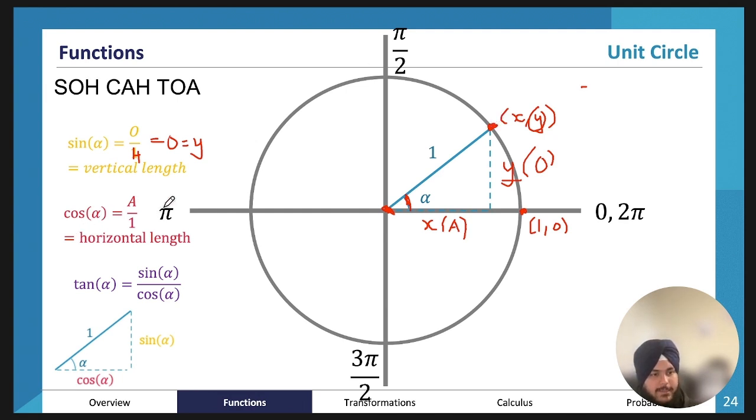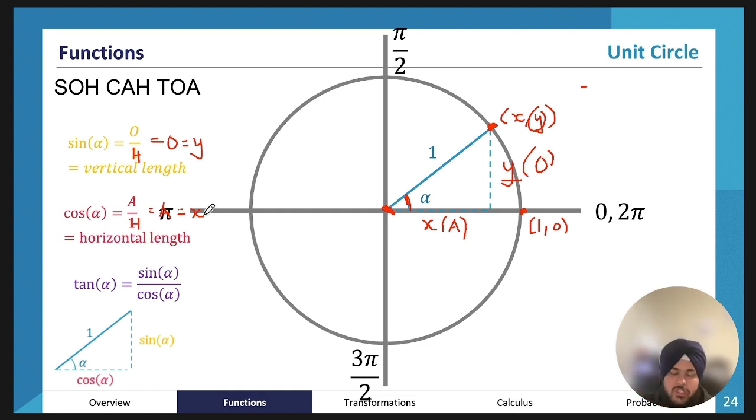And for the cos, we can think about it in terms of adjacent over hypotenuse. And hypotenuse is just 1, so it's just going to be equal to the adjacent. And we know that the adjacent is equal to the x value. So therefore, sine of the angle is equal to the vertical length. Cos of the angle is equal to the horizontal length in a unit circle.